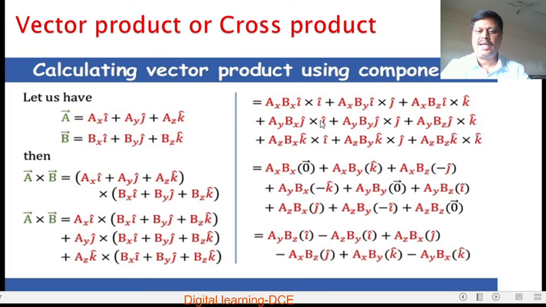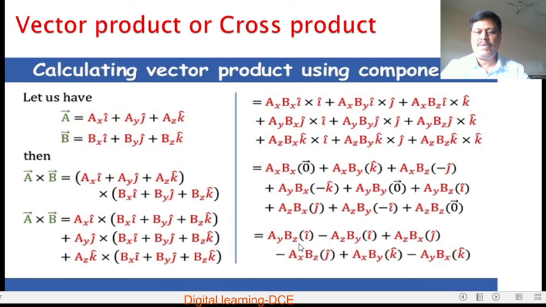Similarly, j cross i is equal to minus k, j cross j is 0, j cross k is equal to i, k cross i is equal to j, k cross j is equal to minus i, and k cross k is equal to 0. So the ax bx, ay by and az bz terms all become 0.